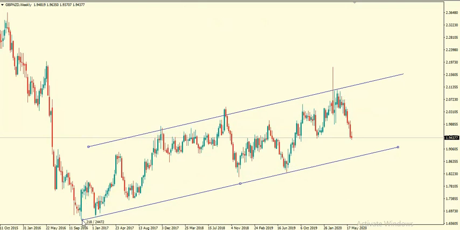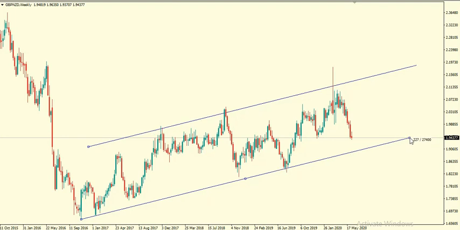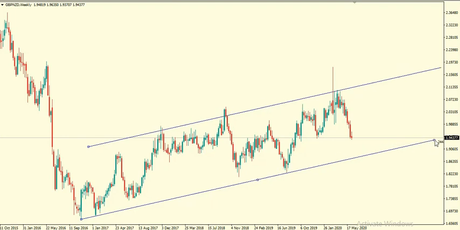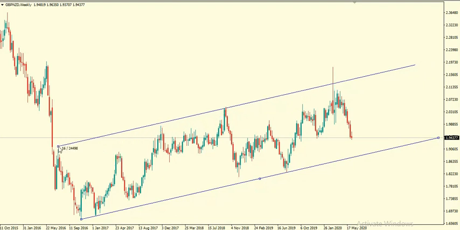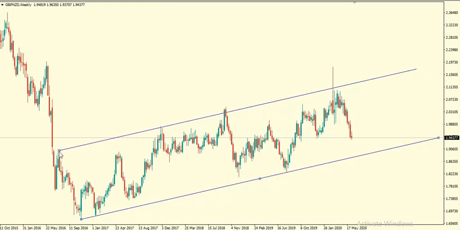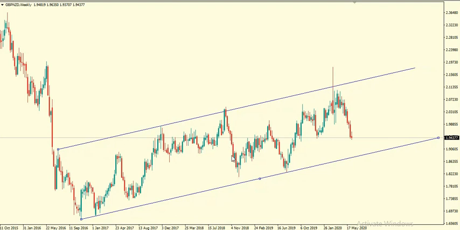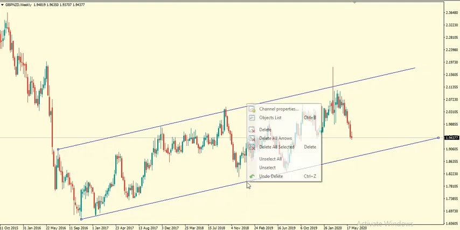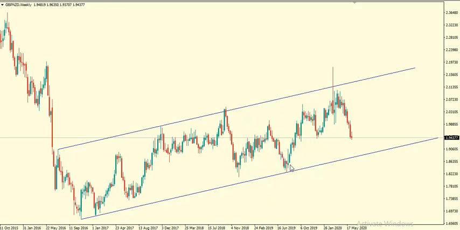We have a multi-year channel on this pair. So right here, yes, so what we can see from this multi-year channel, let me take my drawing tool.